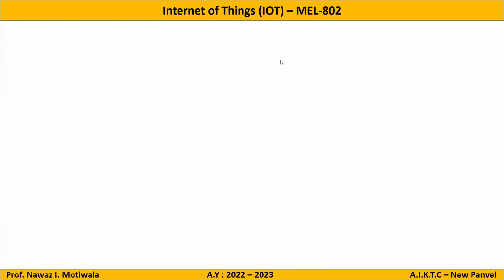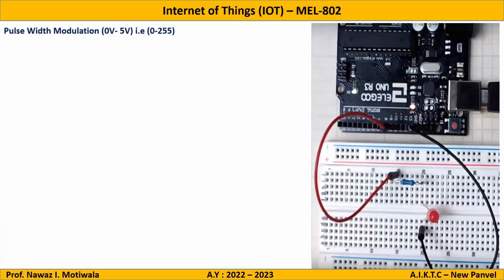Again, as I said, there will be only 3 steps. The first step is initialization of the pin. So I will declare the pin. Let us say again I am using the same LED1 is equal to 9. That is the first pin. LED1 I will be using on pin number 9. And as I told, we can use only the pins available with pulse width modulation.